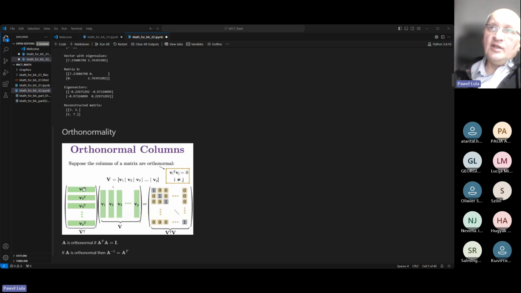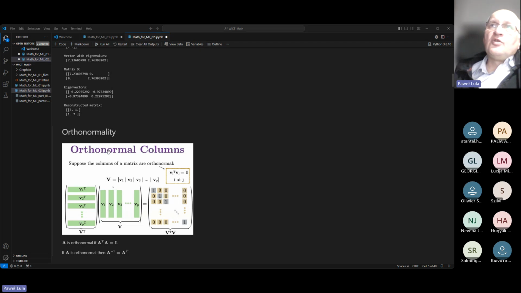So when we calculate this product of these two matrices, V matrix here with these columns, and here its transposed version, then as a result, we should obtain a matrix which has 0 on all positions except the main diagonal. If we have this result, it means that columns are perpendicular, are orthogonal.